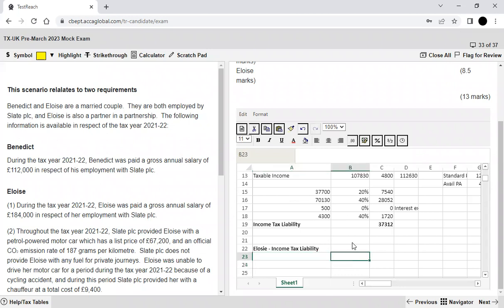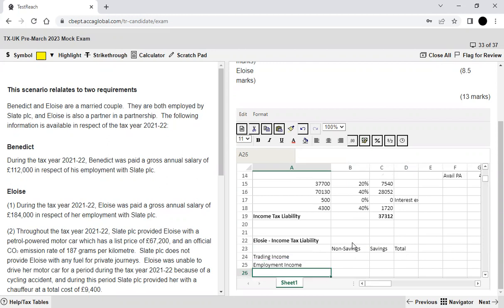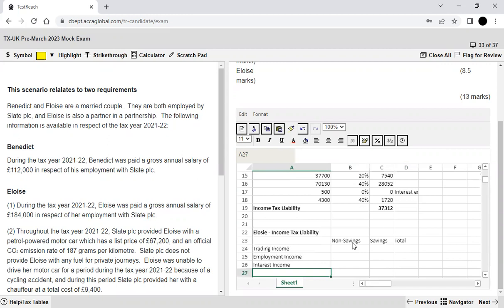Alois's income tax liability. Trading income, employment income, interest income.